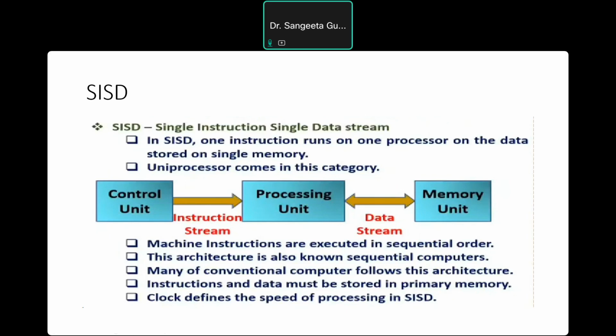Hence, this architecture is also known as sequential computers. Most of the conventional or traditional computers which adopt von Neumann technology fall under this category. The instructions and data here, both of them are stored in the primary memory. And the speed of processing in SISD is defined in terms of the clock.